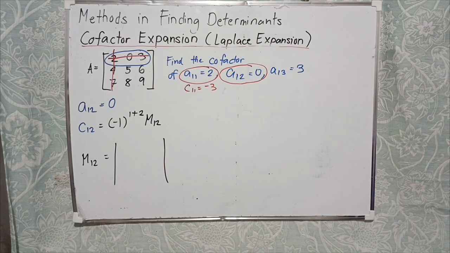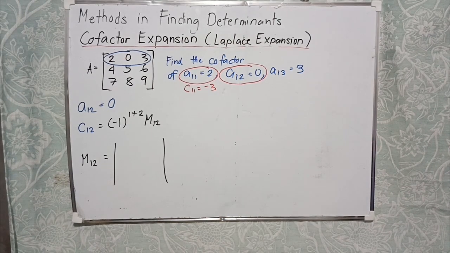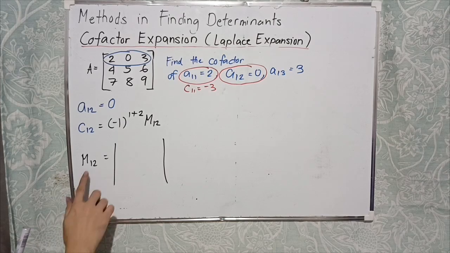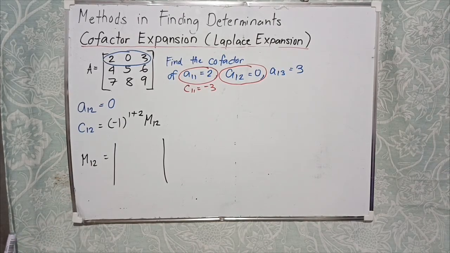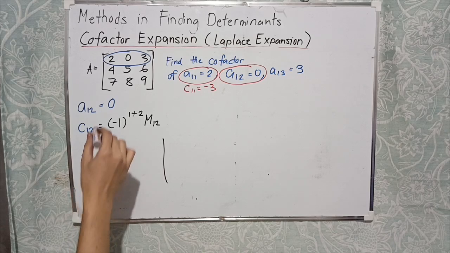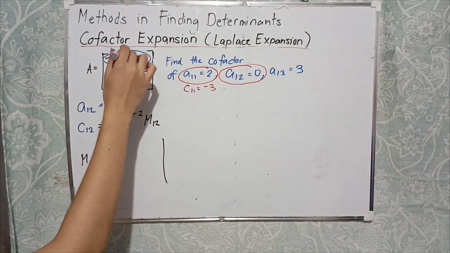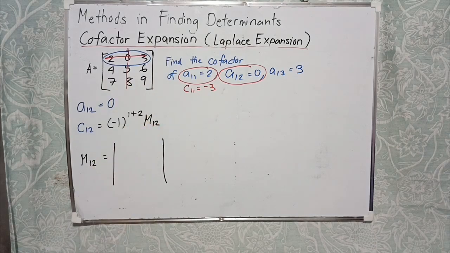This time, we will remove the first row and the second column from the original matrix.